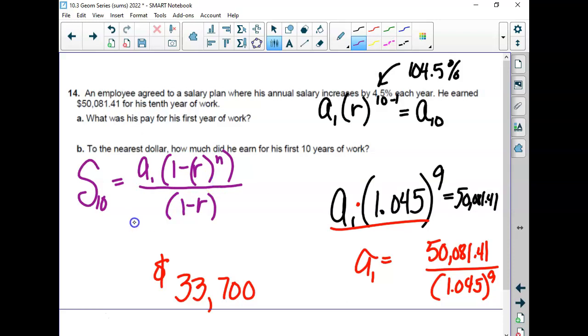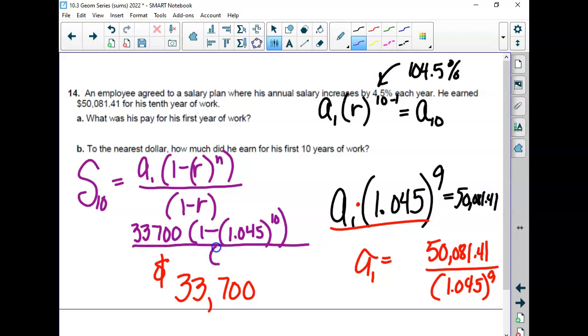So we will have 33,700 times 1 minus, what's r? 1.045 to the 10th over 1 minus 1.045.